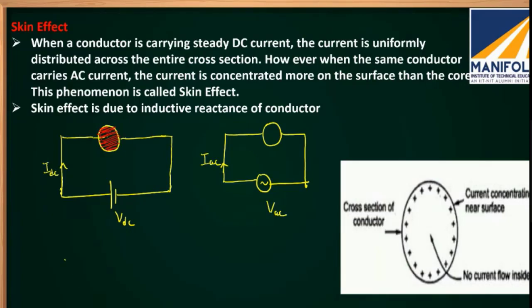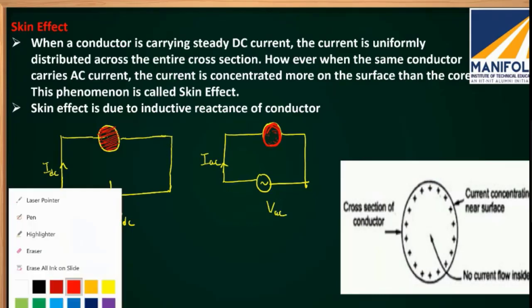But when you pass AC current through the same conductor, the current is more at the surface and it gradually decreases as you move towards the core of the conductor. That is not the case for DC.